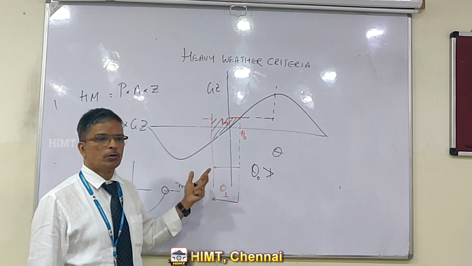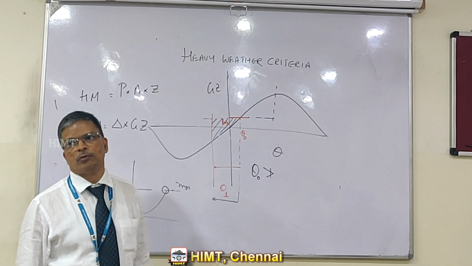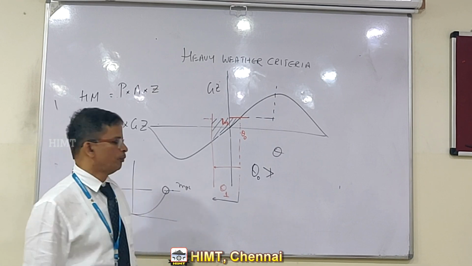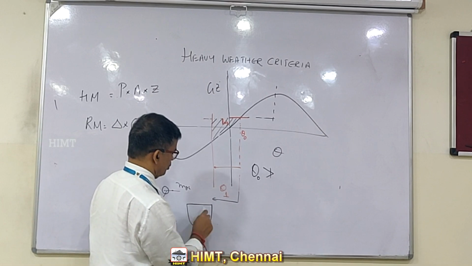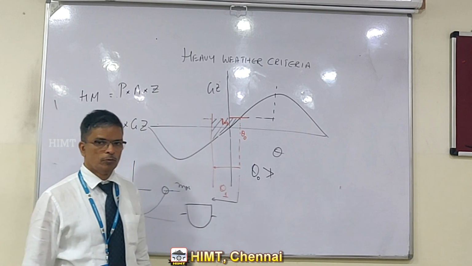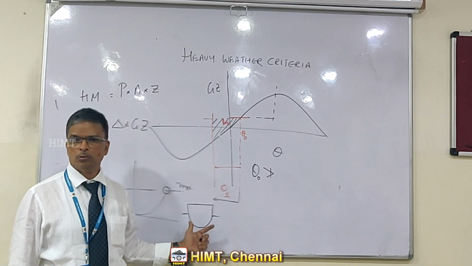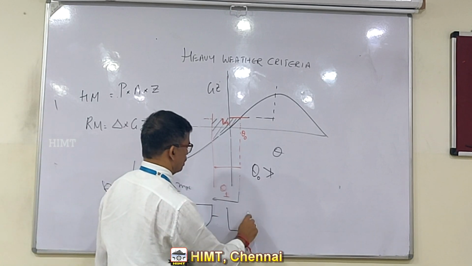This depends on a lot of constructional detail. For example, if a vessel has a hull like this, will it roll more easily compared to a vessel which has a hull like this?